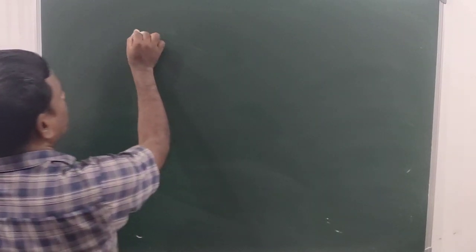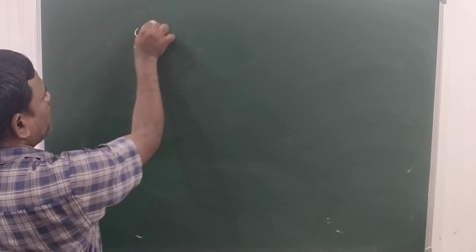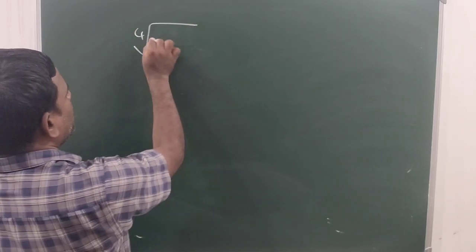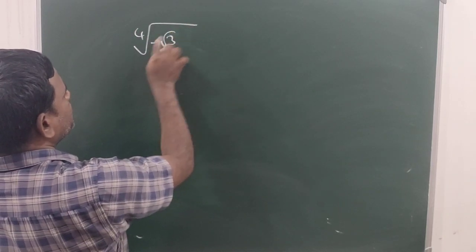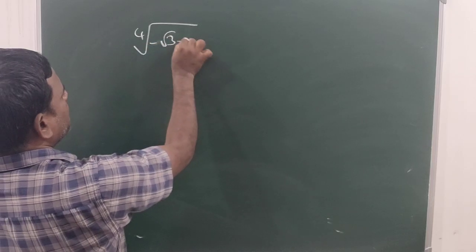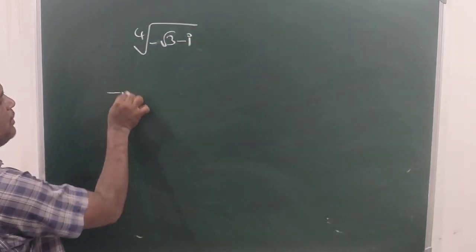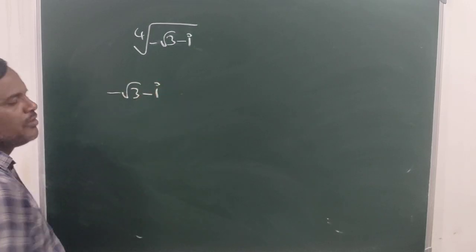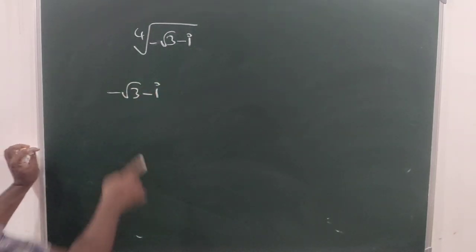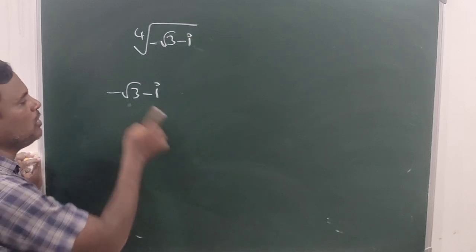See that, like fourth root of minus root 3 minus i. Now what is our primary duty? We need to convert this complex number into the polar form.